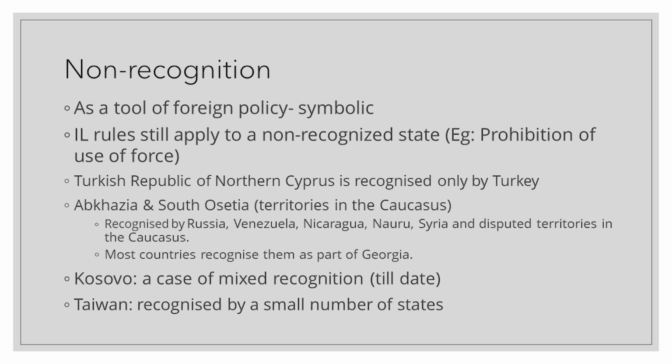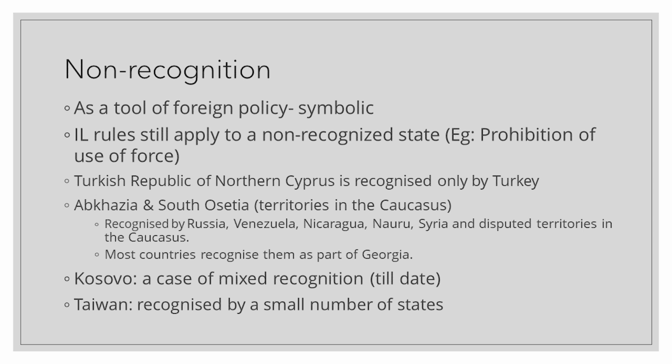Then such a non-recognized territory cannot have any diplomatic ties or diplomatic representation in the states which do not recognize it as a state. So, for example, state X is there, and states A and B do not recognize X as a state.